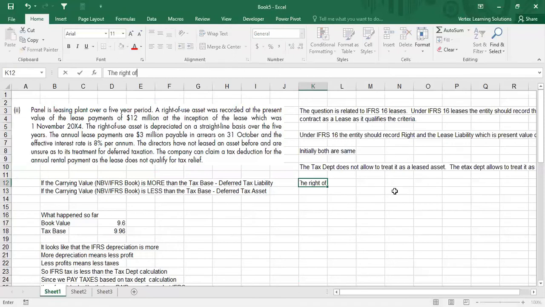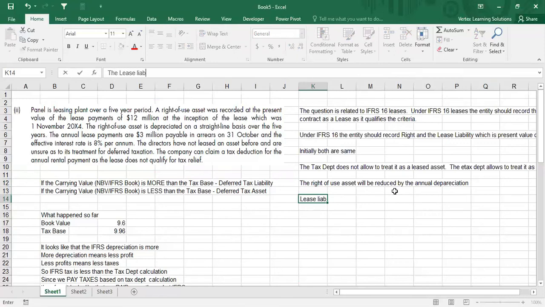The right of use asset will be reduced by the annual depreciation. So whatever is going on in my mind, I'm just putting it down. This is what you should be doing in an exam. Whatever calculation you have in your mind, you just put it down here.